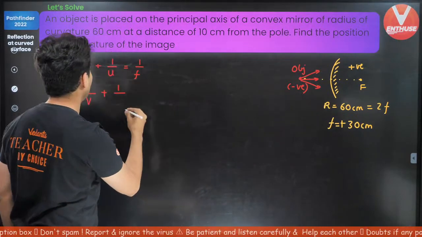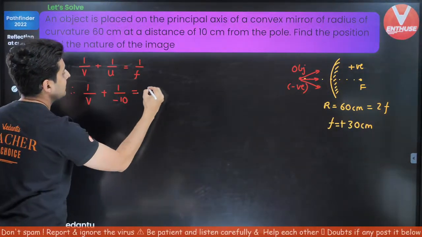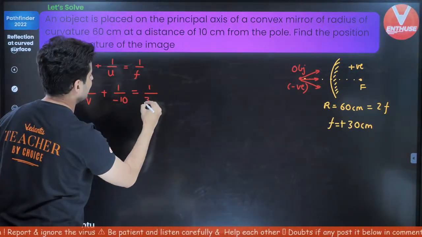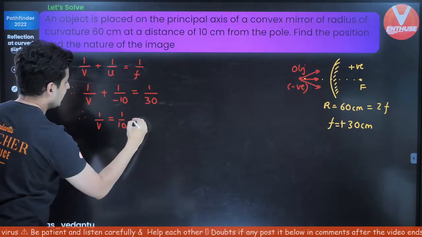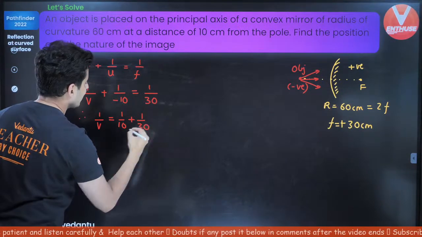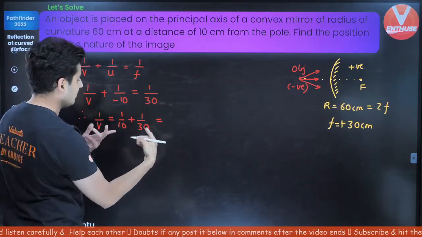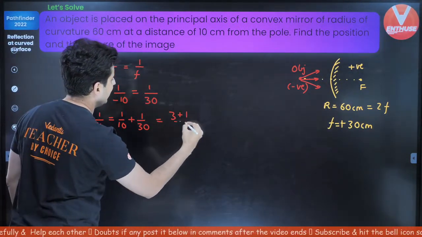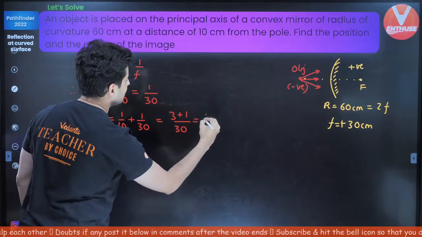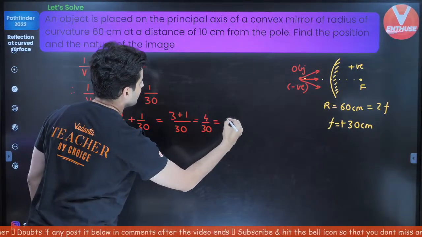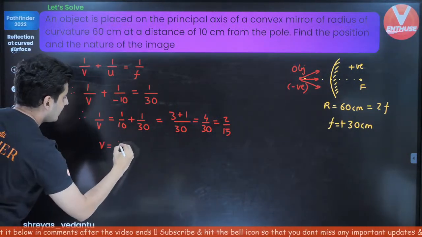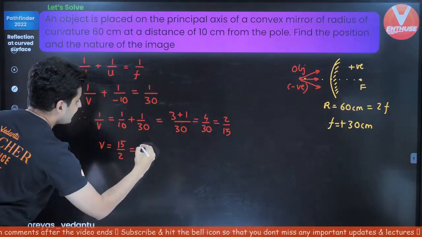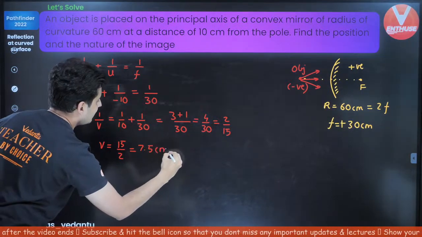So minus 10 is equal to 1/f, f is 30. Therefore 1/v = 1/10 + 1/30. Take the LCM, so it will be (3 + 1)/30, which is 4/30, which is 2/15. So v will be 15/2, which is 7.5 centimeters.